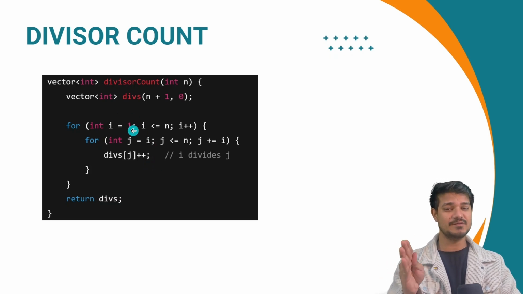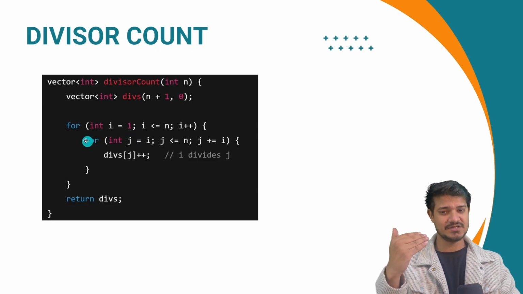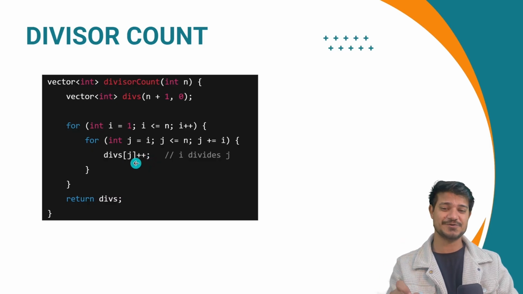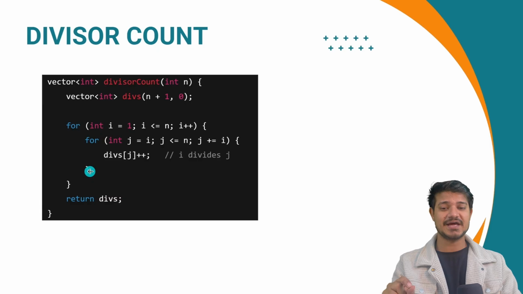So when I is equal to 5, in the second loop, I'm going through all of its multiples. So I'll go to 5 and increment its divisor count by 1 because 5 is its divisor. Then I'll go to 10 and I'll increment the divisor count by 1, right? Because 5 is a divisor of 10.